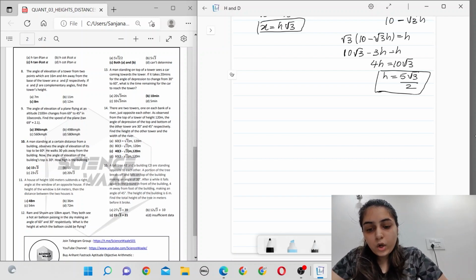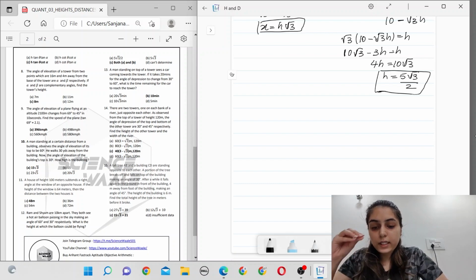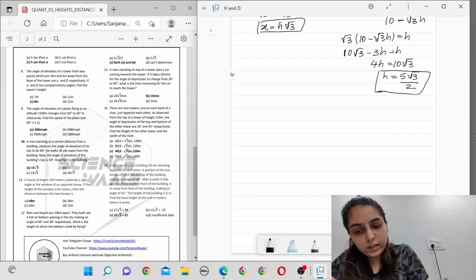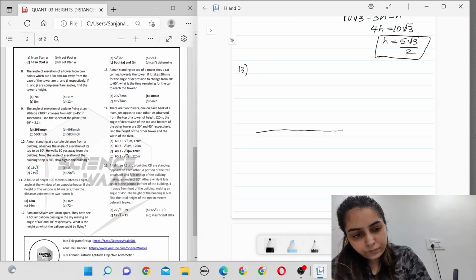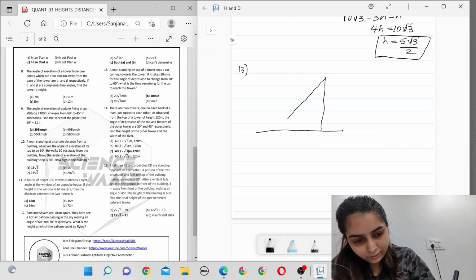A man standing on the top of a tower sees a car coming towards the tower. If it takes 20 minutes for the angle of depression to change from 30 to 60, then what is the time remaining for the car to reach the tower? So here they have given us that there is a tower and there is a car coming towards the tower.